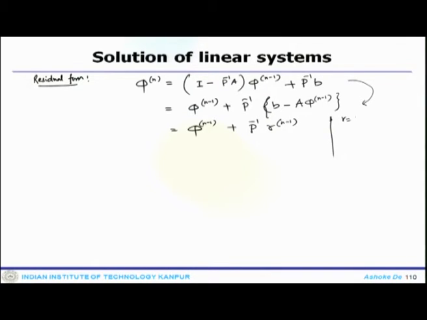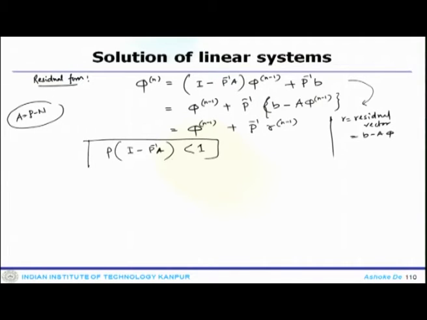Here r is the residual vector, which is B minus A phi. Now, from this equation one can see that the iterative procedure is just a fixed point iteration on a preconditioned system associated with the decomposition where A equals P minus N, where the spectral radius of I minus P inverse A must be less than 1. So, this is the property one has to satisfy.